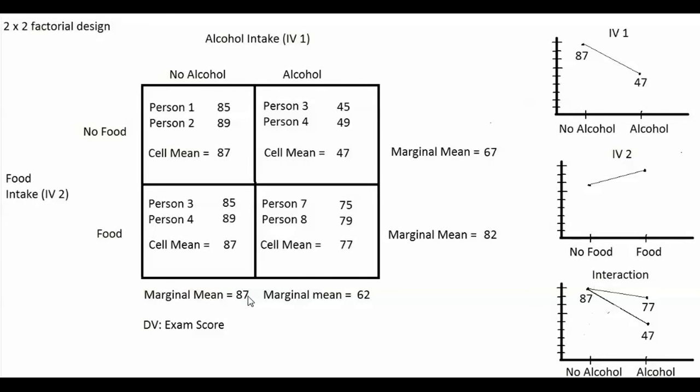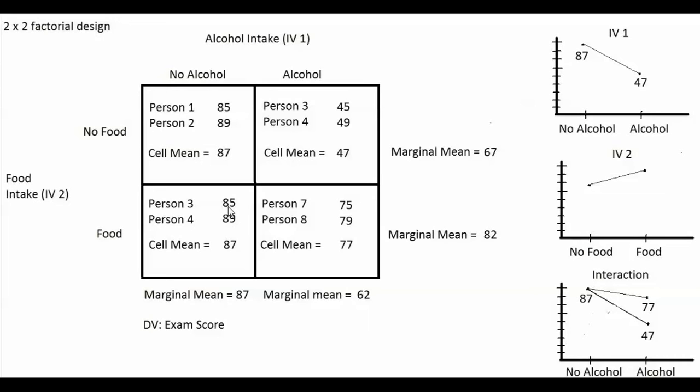And I don't want the main effect of alcohol intake to be confounded, so I have to make sure that the no alcohol condition has 2 people with no food, and 2 with food. And the alcohol condition also has 2 with no food and 2 with food. So what I need to have is a balanced experiment.